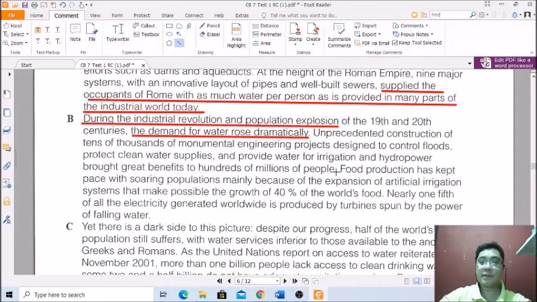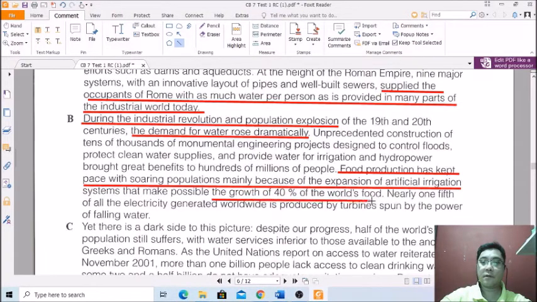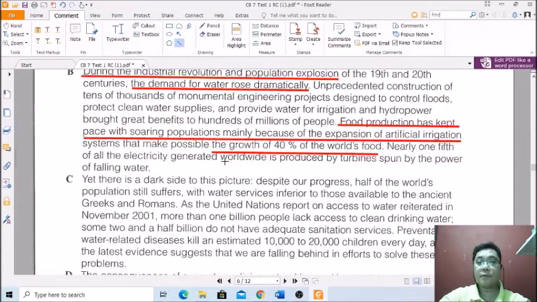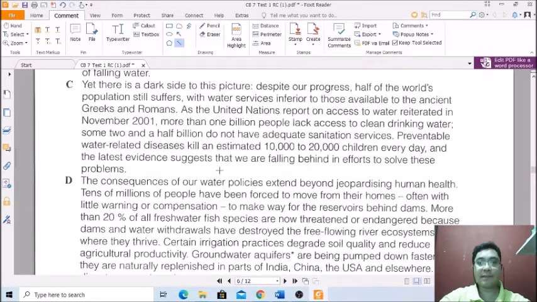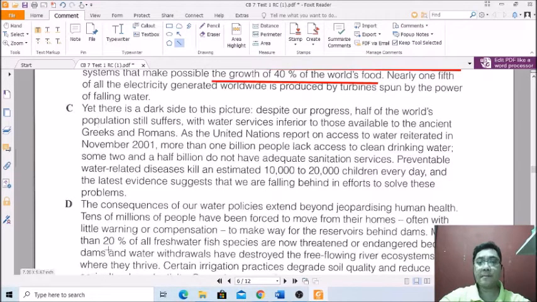And in here, it says that food production, this is interesting, kept pace with the soaring population mainly because of the expansions of the artificial irrigations. Then it's the growth of 40% of the world's food here. So it's all about the demand of water and how the food production can keep pace with human populations. We don't do it, it's already done. As an example, now let's go to C. I give you time.